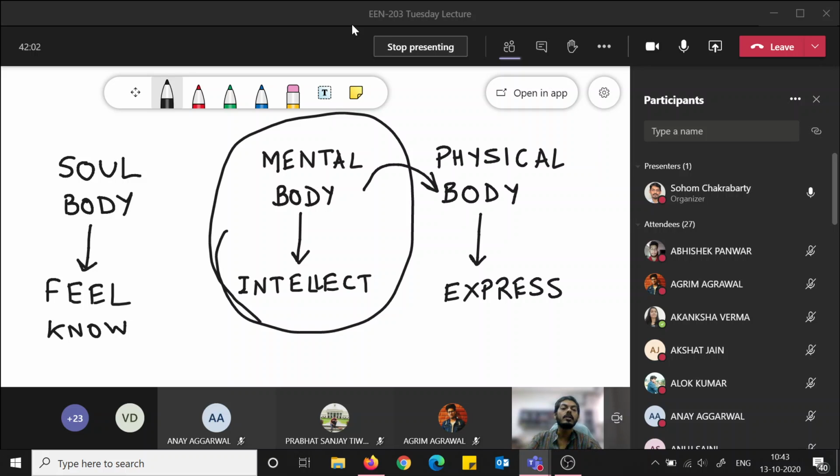And one needs to understand, as one is able to tap into this part of one's constitution, one would be able to live life from a deeper understanding of their own selves.